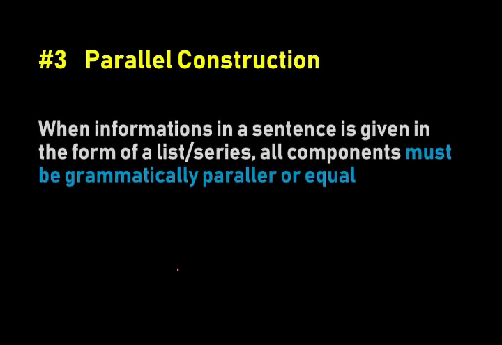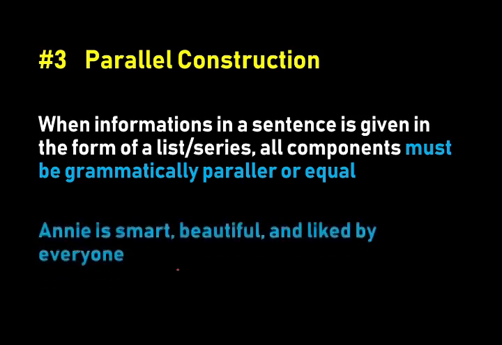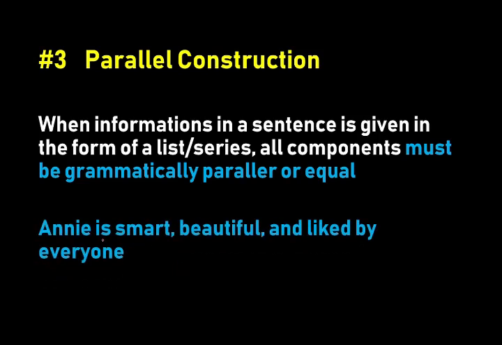Next we have parallel construction. When information in a sentence is given in the form of a list or series, all components must be grammatically parallel or equal. Now let's go straight to the example. Here, Annie is smart, beautiful, and liked by everyone.